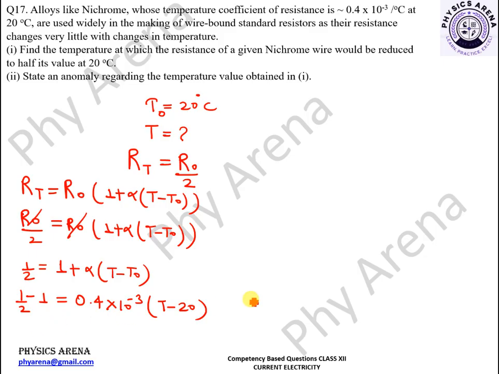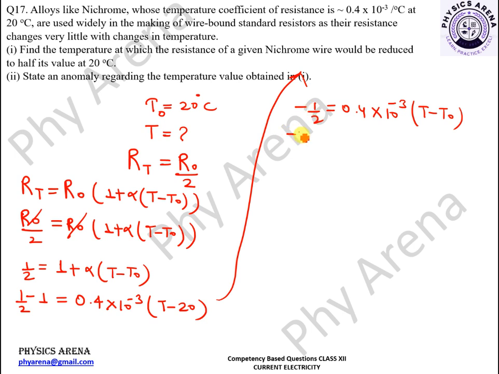So minus half is equal to 0.4 multiplied by 10 to the power minus 3 times T minus T naught. This minus half can be written as minus 0.5, and it will be equal to 0.4 times 10 to the power minus 3 times T minus 20.